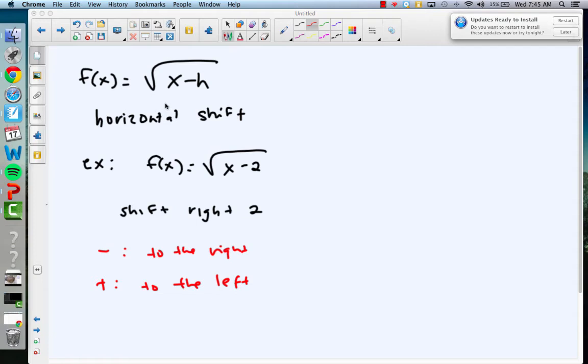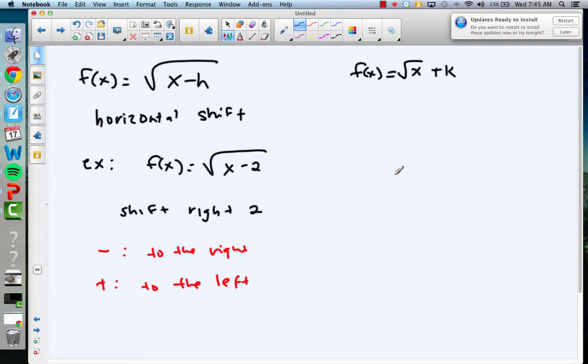Okay? And the same concept applies with shifting if we have something on the outside of our square root. We call that k. This is our vertical shift. So an example might be f of x equals square root of x plus 4.